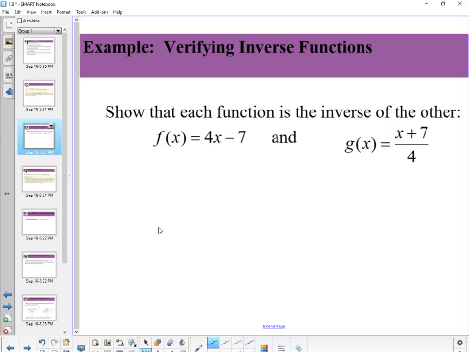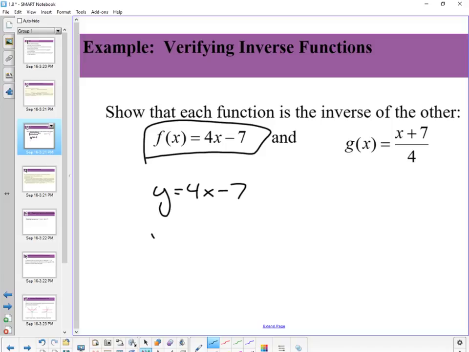I'm going to first start by changing that f of x into a y. Then step 2 is I'm going to swap x and y. So x is equal to 4y minus 7. Then I solve it for y again.